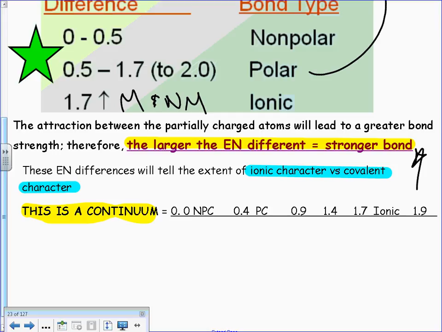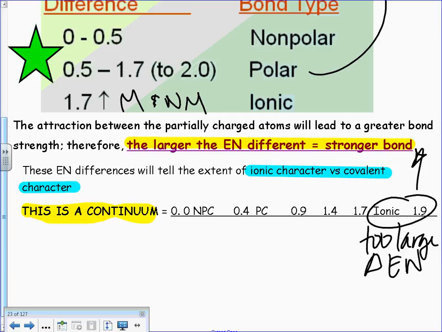Sometimes when you get too large a difference, it actually is going to become ionic. And guess what? Isn't that the strongest type of bond? It gets to the point where it's so different that it actually does ionize, and those electrostatic attractions come into play because of the opposites attracting, meaning it has more ionic character. So ionic character versus covalent character. Ionic character just means you have a large charge difference. Can I move on?